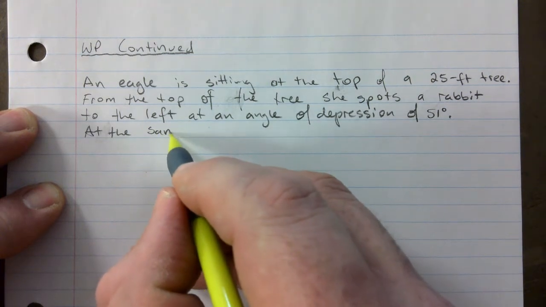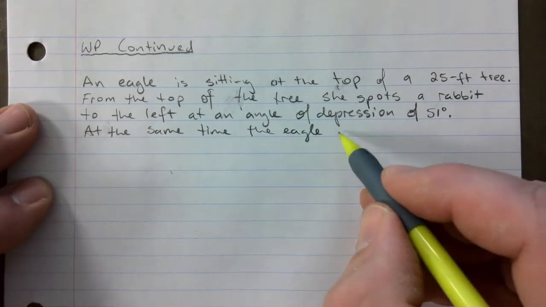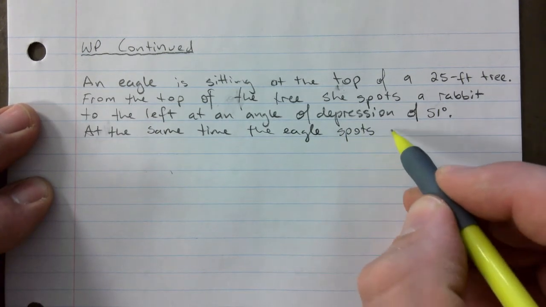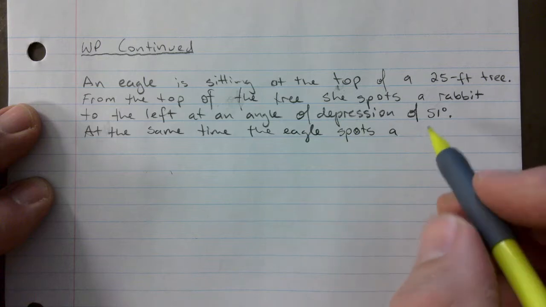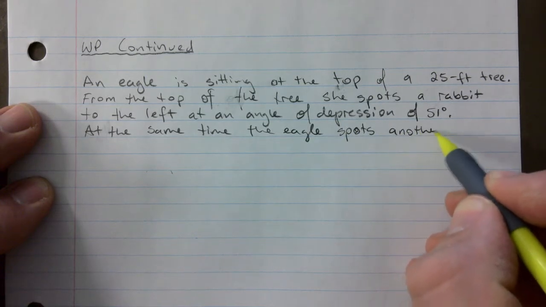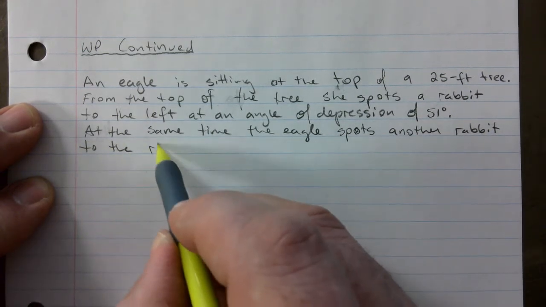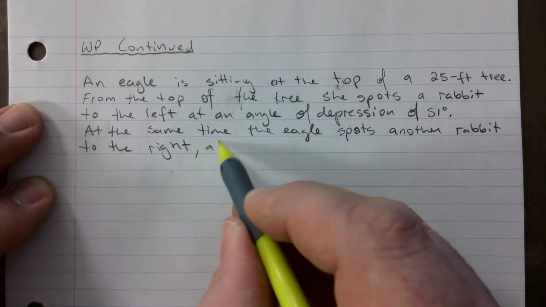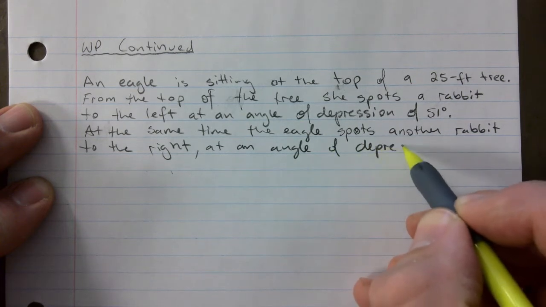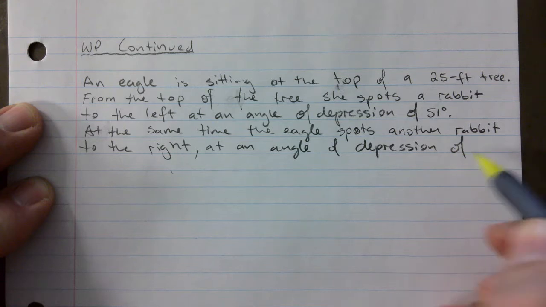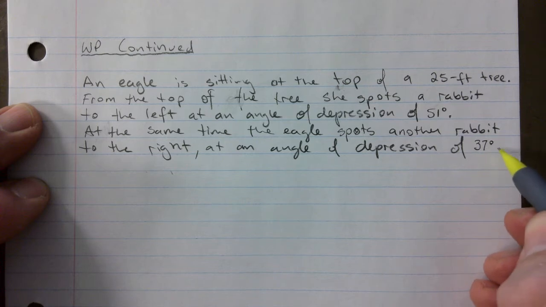At the same time, the eagle spots another rabbit to the right, angle of depression of 37 degrees.